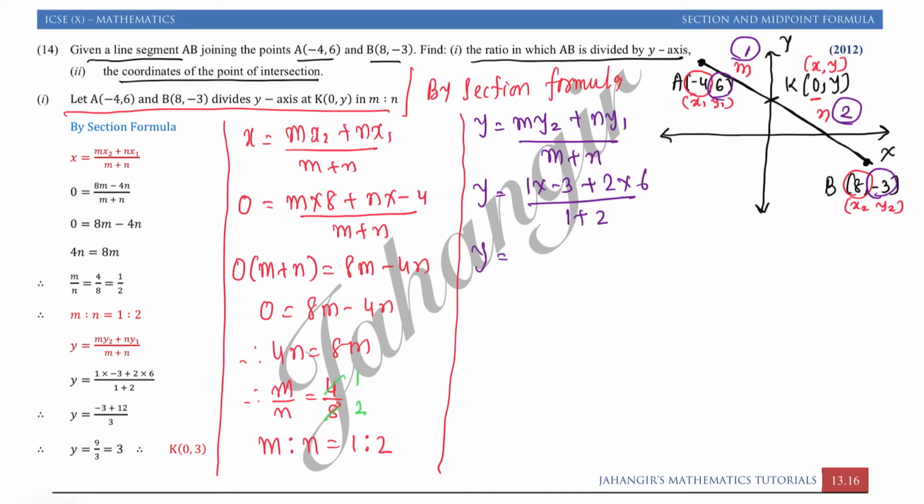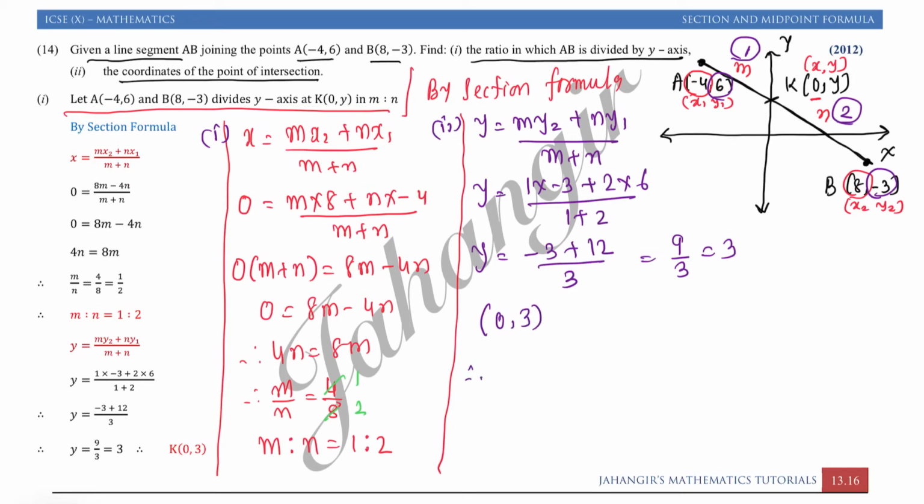So y is equal to (minus 3 plus 12) upon 3. So that is 9 by 3, that is 3. So the coordinate of intersection is 0, 3. This was the first question, this is the second question's answer.